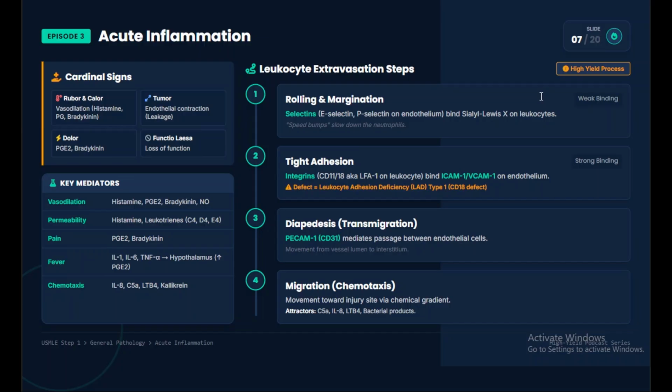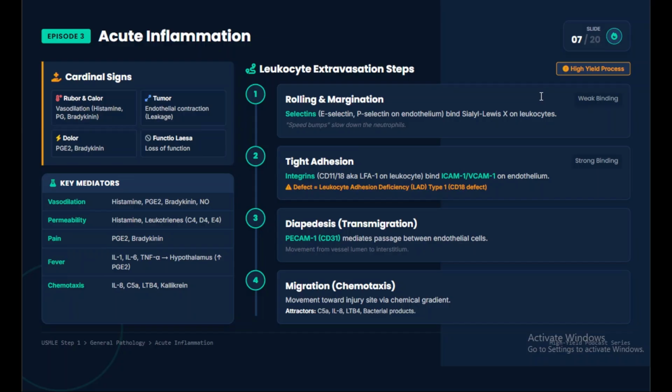Rubor and calor are caused by vasodilation, mediated by histamine, prostaglandin, and bradykinin. Imagine blood rushing to the site like a highway traffic jam of immune cells. Rubor and calor are a hallmark that blood is shifting to the site of injury, and this blood is loaded with immune cells, mediators, and recovery cells.